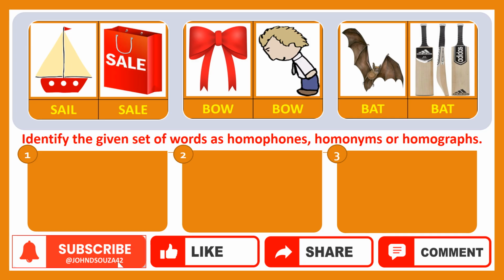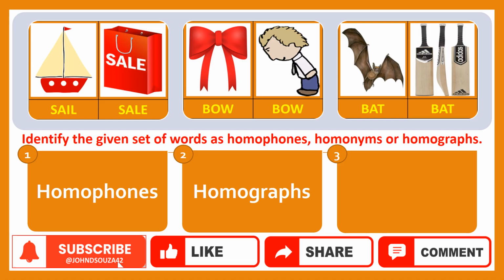The first set of words are homophones, which sound the same but are spelt differently. One sale means smooth movement and the other sale means buying or discounts. The second set of words are homographs, which are spelt the same but sound different.